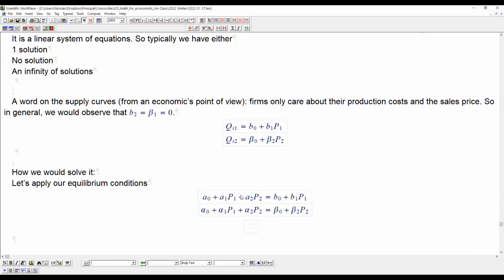And then, of course, I can put everything on one side, and then I have two equations, but only two unknowns.